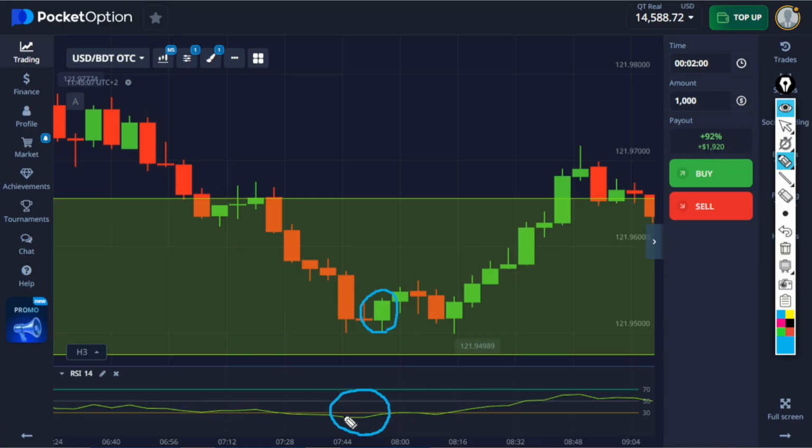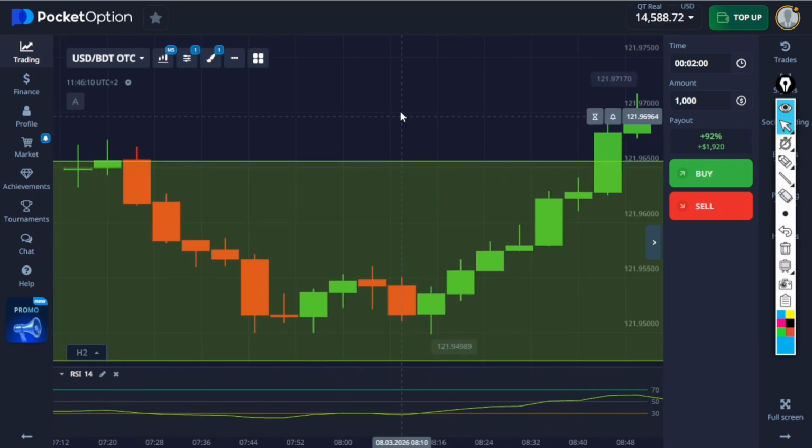As you can see, the RSI is below the 30 level in the oversold zone. And on this candle closure, the RSI starts to move back above the 30 level, confirming that price is most likely going to continue moving up from here. So on this candle closure over here, we could have opened a 10 to 25 minute buy position.